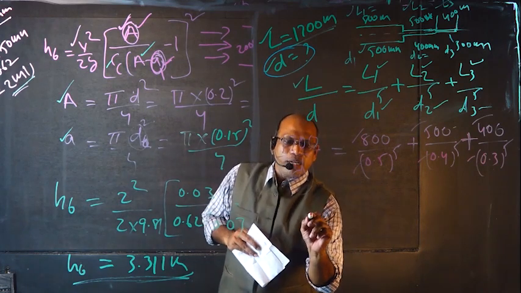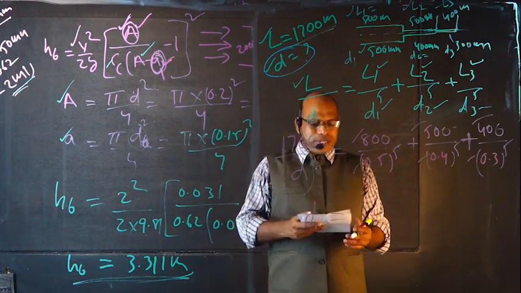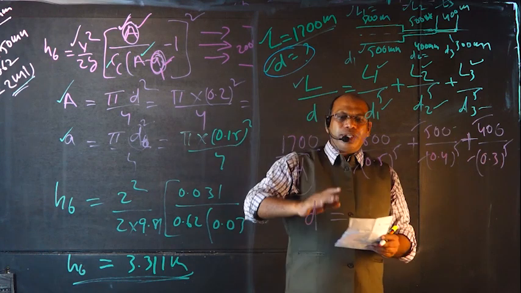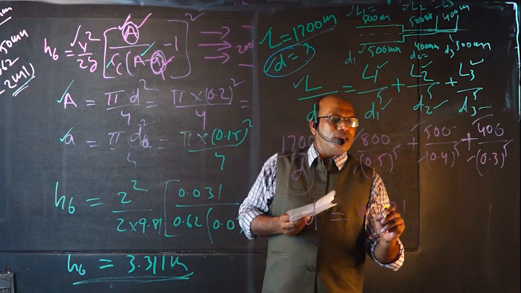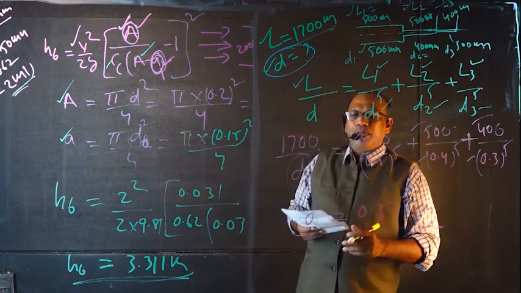Therefore, the diameter of the equivalent pipe D from this equation is equal to 0.3714 meters. This is the equivalent pipe diameter.